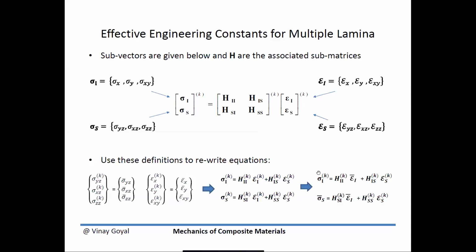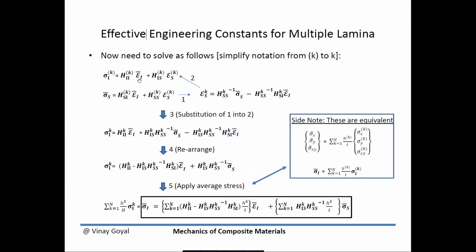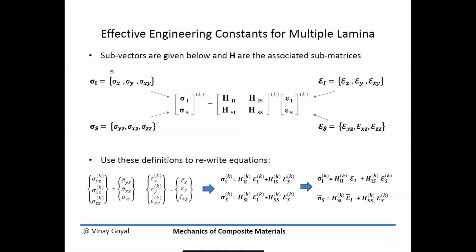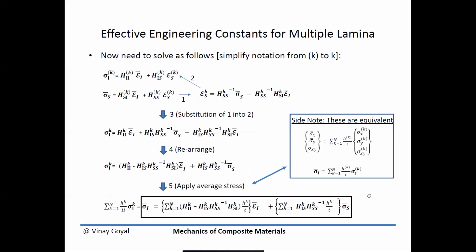I want to take the first equation here, sigma I k, which is the fully known H times epsilon I bar, plus H I S superscript k times epsilon S k. I want to take the first equation and walk through that. Okay, so let me go back one more time. I have the second equation as well that can be transcribed. So I have this equation here.